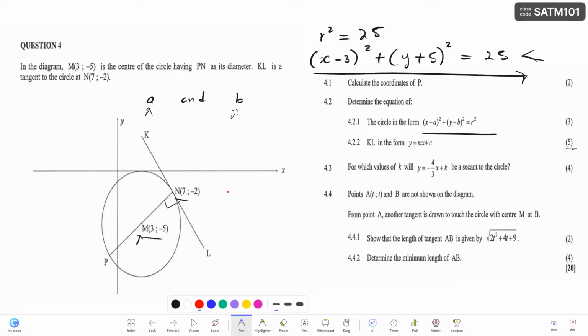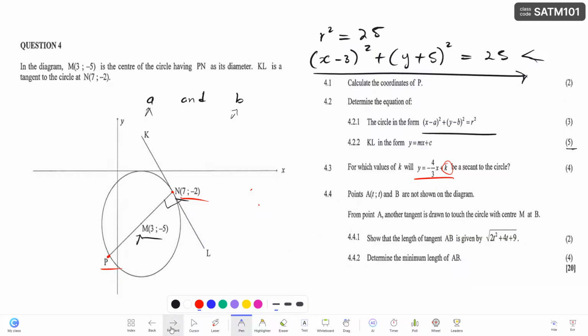So in order to find those values, you need to use this point N and what? And point P. You just need to substitute this point into this equation and substitute this other point into this equation in order to get our what? Our k or y-intercept.